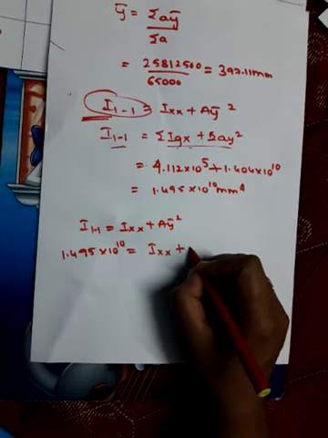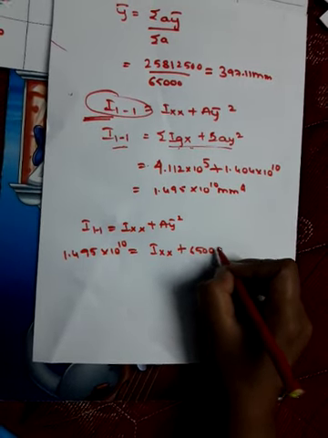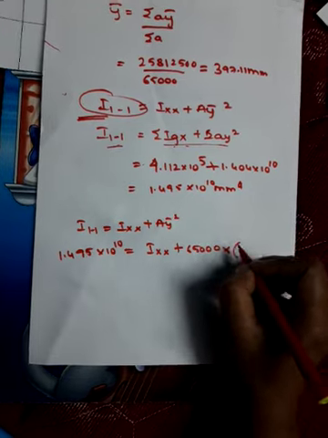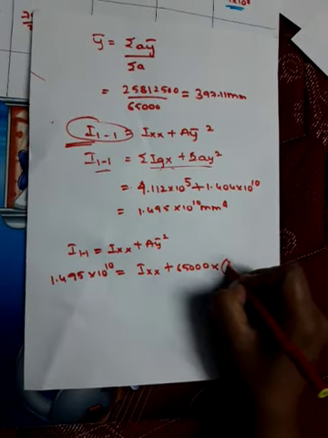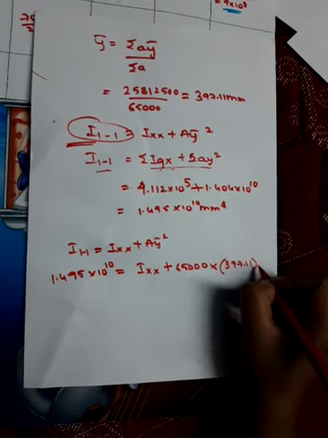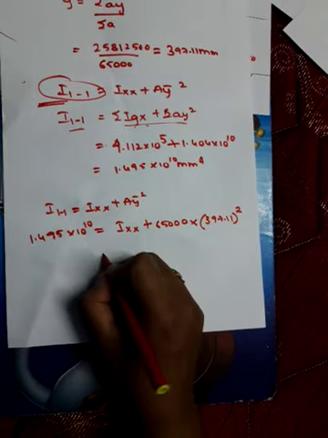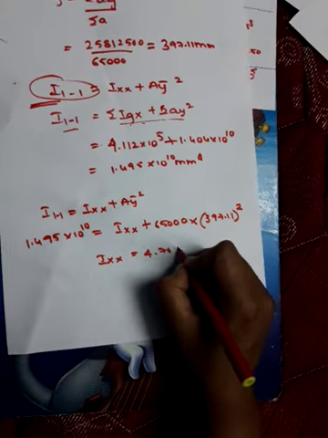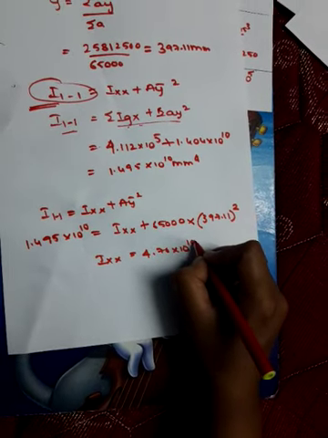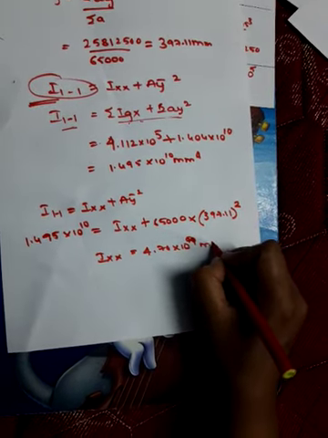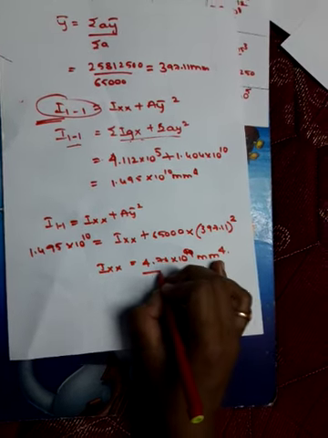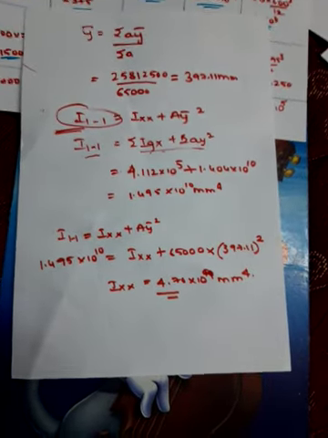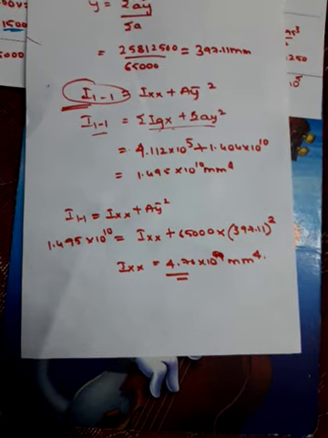Total area would be 65,000 as we have calculated, and y bar is equal to what? 397.11 whole square. Now calculate the Ixx value. It will be 4.70 into 10 to the power of 9 mm to the power of 4. So this is the value of the moment of inertia along the centroidal axis.